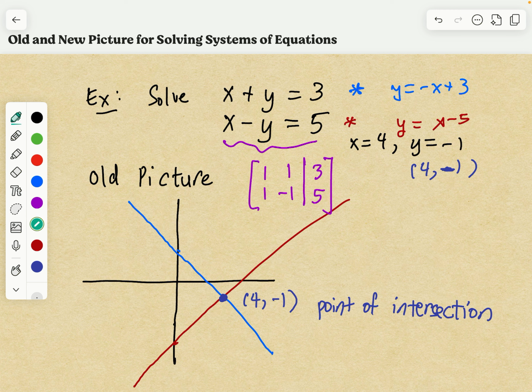The new picture is going to come from the columns of this matrix.